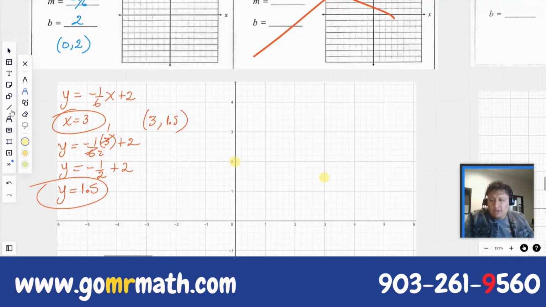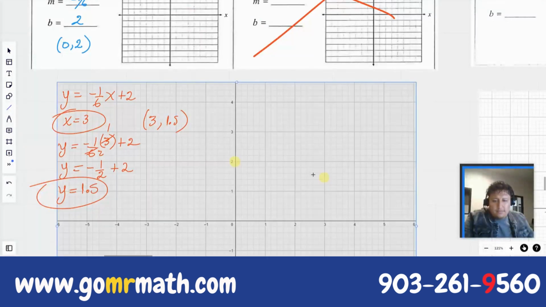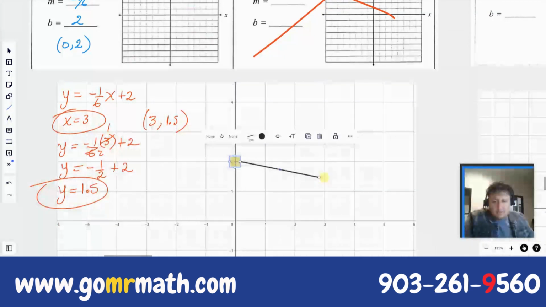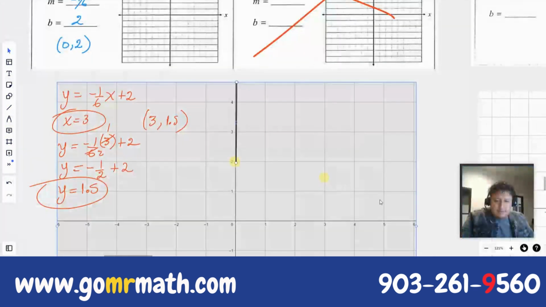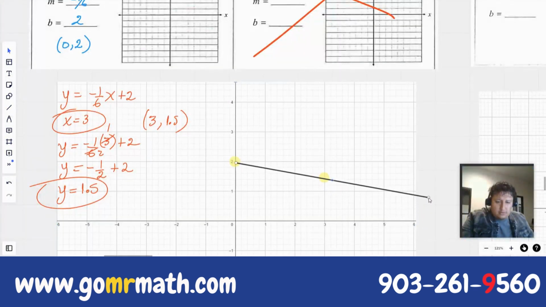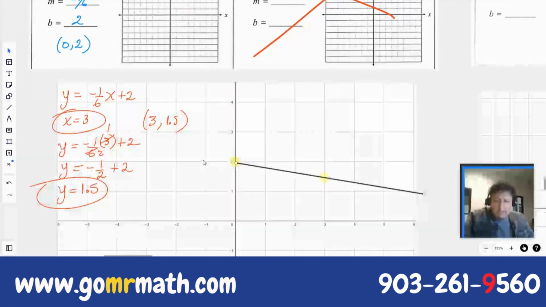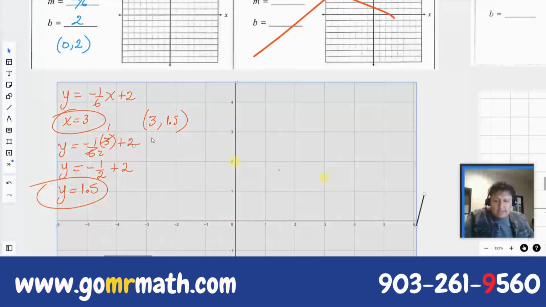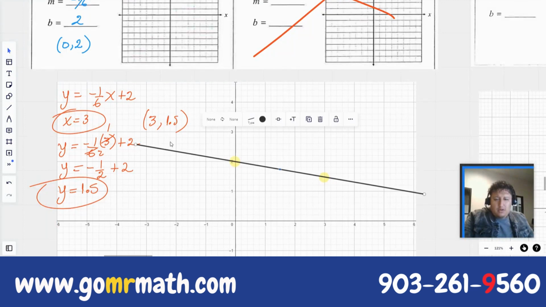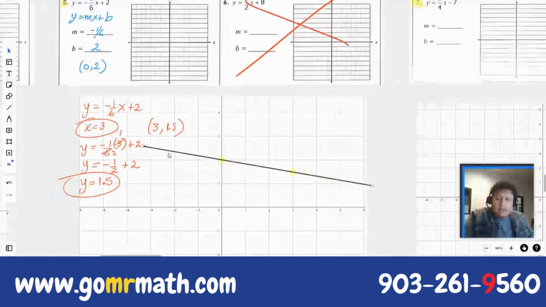Okay, let's mark this with a line from here to here. Trying my best to do good lines. Okay, and this is the representation of the line that corresponds to the equation y equals negative 1/6 x plus 2. Okay, let's continue.